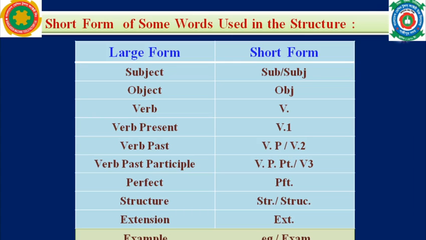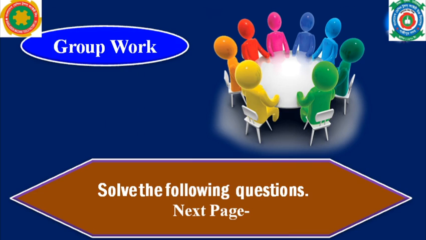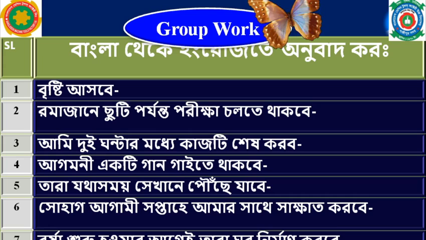You know subject, object form, long form, short form. We will do group work. It's your work. Okay. From your tense concept, according to structure and from your understanding, you will translate it into English.